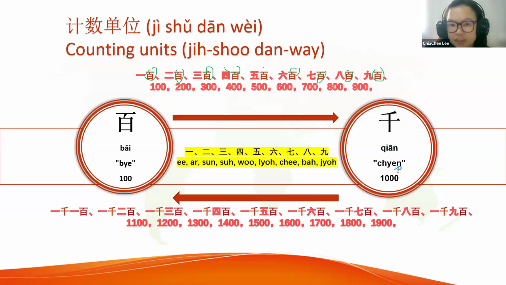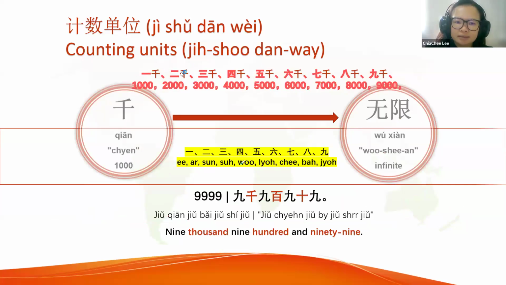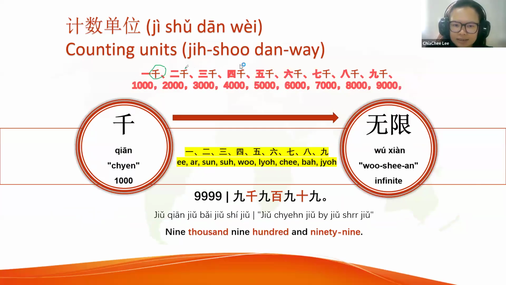千 is 4 digits. Again, we repeat the logic. Put the 千 in front of the number: 1100, 1200, 1300, 1400, 1500, all the way to 1600, 1700, 1800, 1900, which is relatively smaller than when we put it at the back: 1000, 2000, 3000, 4000, 5000, 6000, 7000, 8000, 9000.